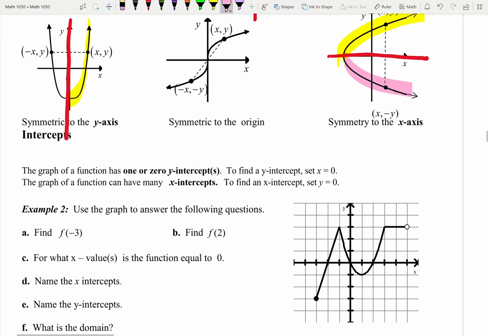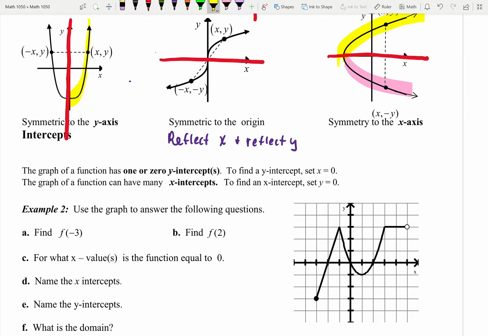Symmetric to the origin: here's the easiest way, I think, to figure out if it's symmetric across the origin. Everybody write reflect x and reflect y. Okay, so everybody just watch right here. So here's your x-axis.